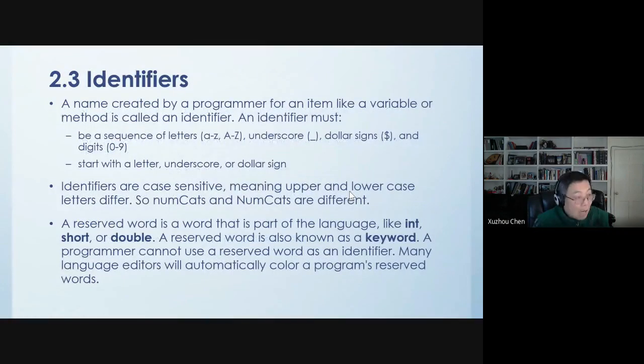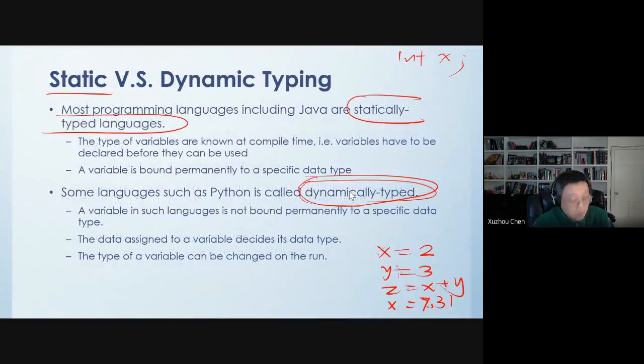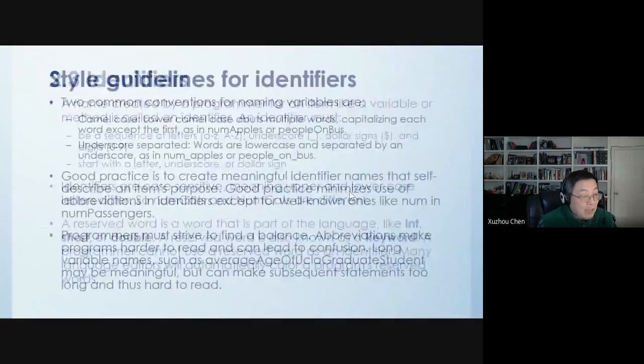Now, 2.3 is about identifiers. This is the same as Java and Python. A Python identifier is a name created by the programmer for items like variables and methods. That's called an identifier. So please read the chapter 2 topics and perform the exercises.